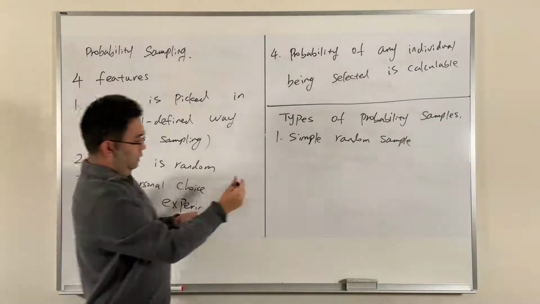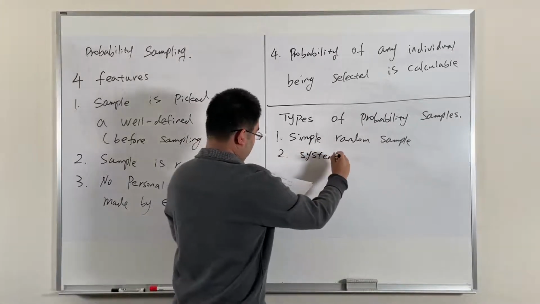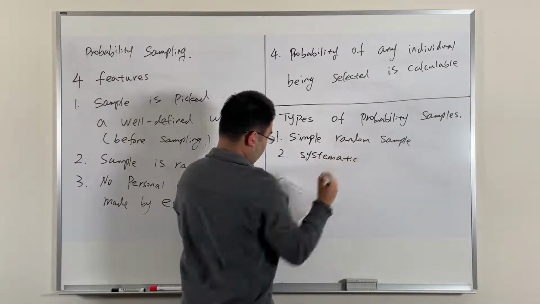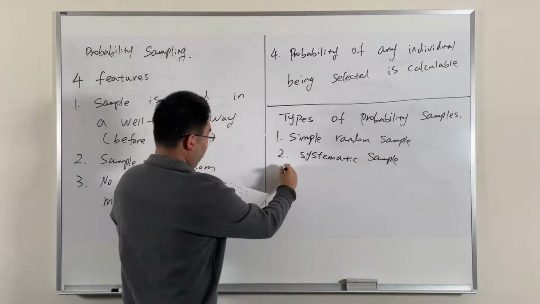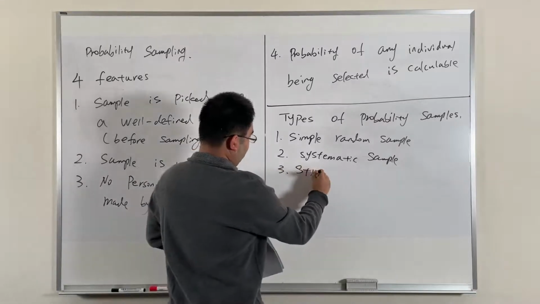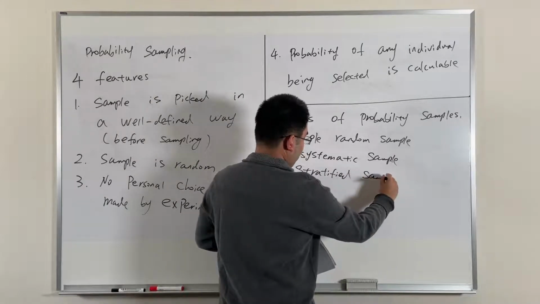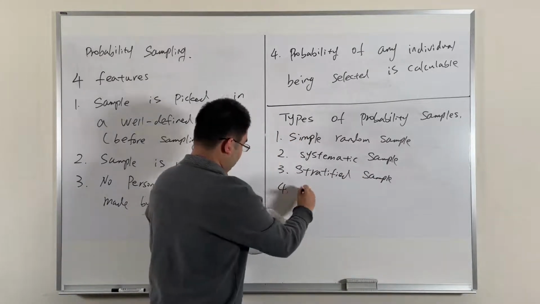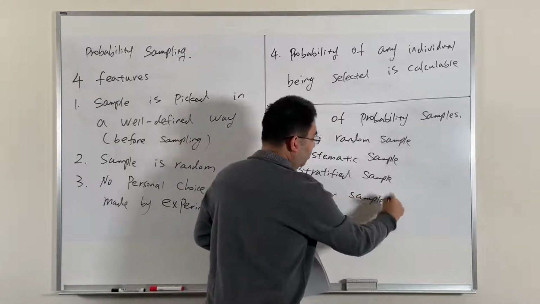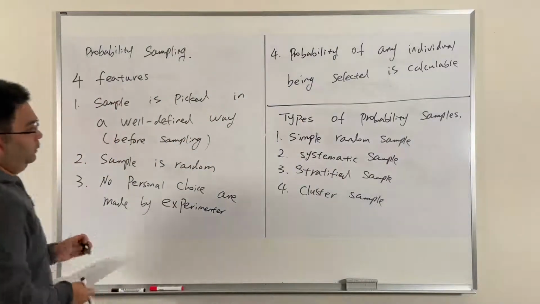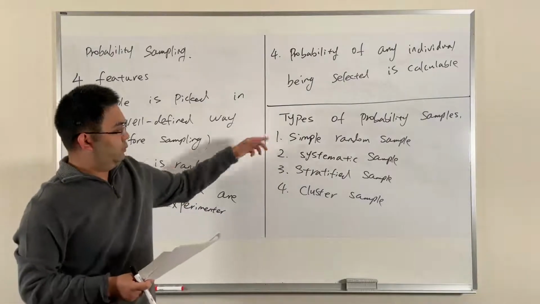The second one is our systematic sample. And then third one is our stratified sample. And the fourth one is our cluster sample. Okay, and then we'll talk about each single one of them. Now let's start with the first one, simple random sample.